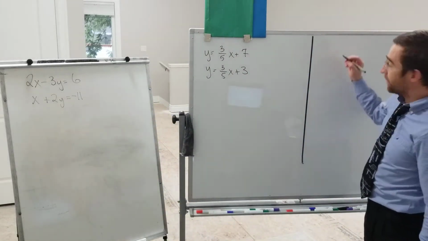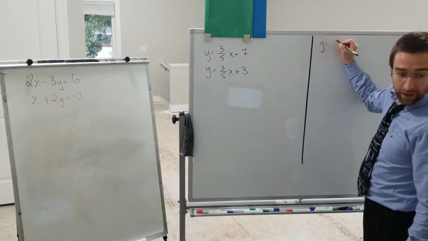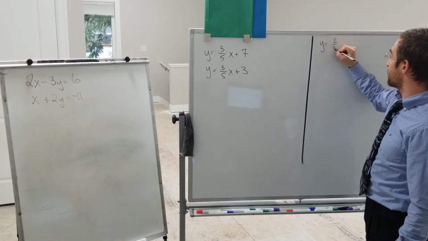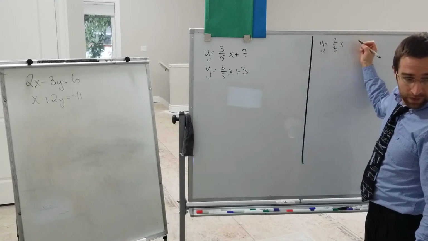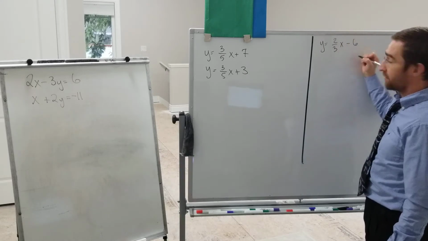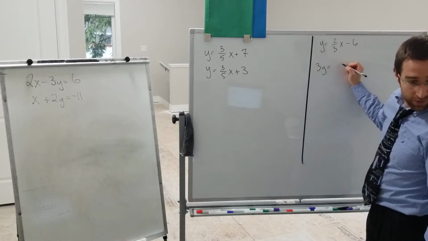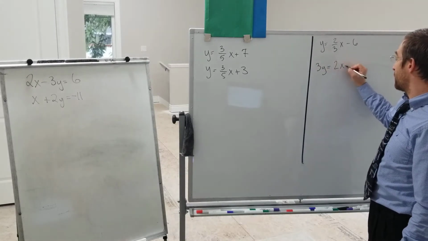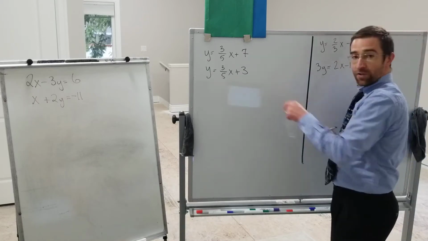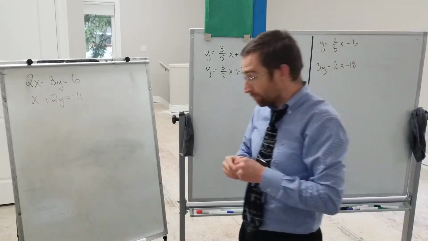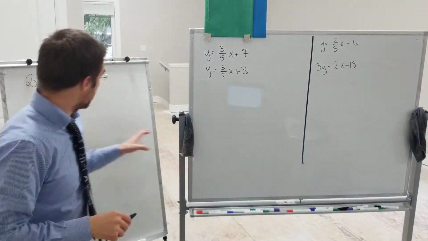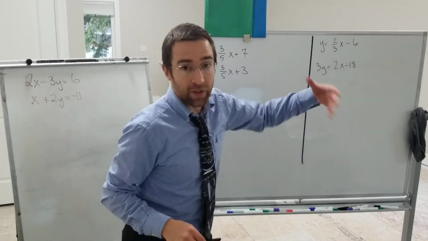And lastly, we have y equals 2/3 x minus 6, and 3y equals 2x minus 18. So these are each their own systems of equations. We'll do this one together. I want you to try these on your own, and then we'll go over them.